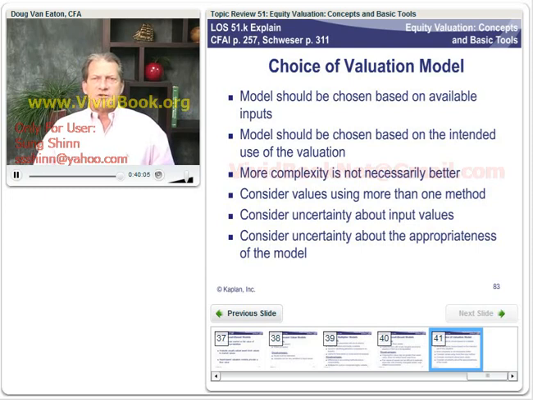Consider the uncertainty about your input values. That's another good reason to use more than one method. And consider uncertainty about the appropriateness of the model. If we've got a single stage dividend discount model, where we're assuming a constant growth rate, you've got to wonder how appropriate is that, and how well is that going to fit reality?